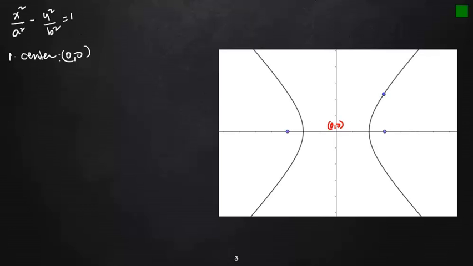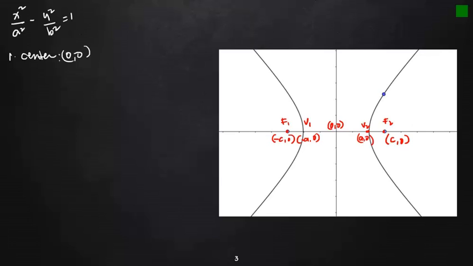Again, this is our focus, f sub 1, and this is our second focus, f sub 2. The coordinates of f sub 1 is (negative c, 0). F sub 2 is at (c, 0). This is v sub 1 with coordinates (negative a, 0), and v sub 2 with coordinates (a, 0).